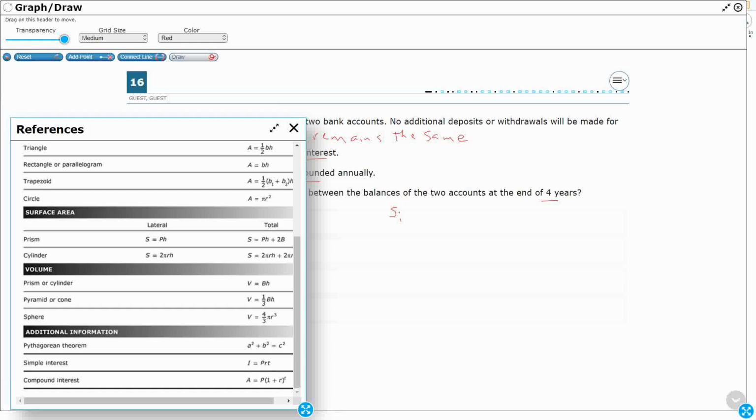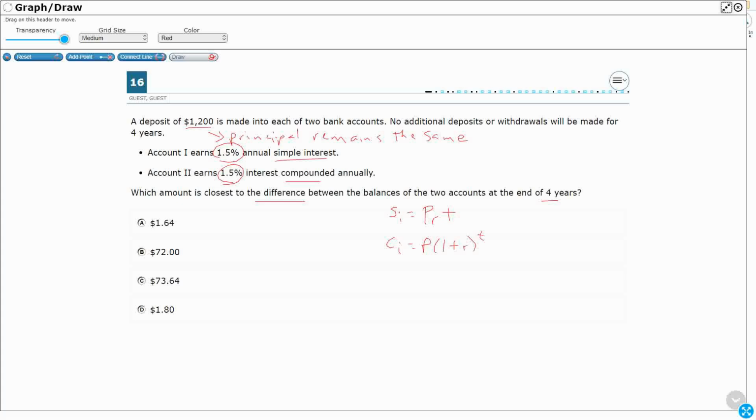Simple interest equals, and we've got this I equals PRT, and then we've got the compound interest, and that equals P times 1 plus R, and then we're taking it to the T as the exponent there, okay? Which definitely means we're going to need our calculator in just a moment. So let's figure out the simple interest first.